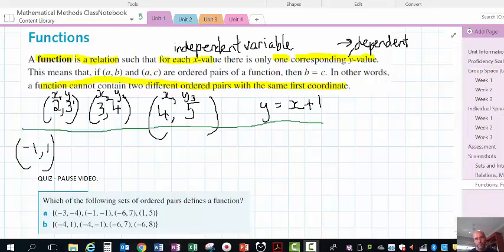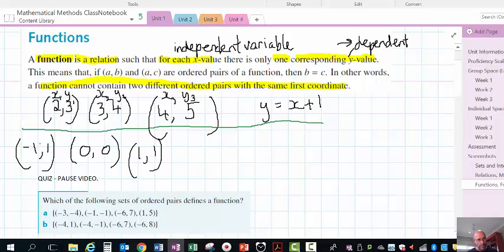So let's look at another example. (-1, 1), (0, 0), and (1, 1). Let's check if that could be a function. So every x value has to have only one y value. Let's have a look.